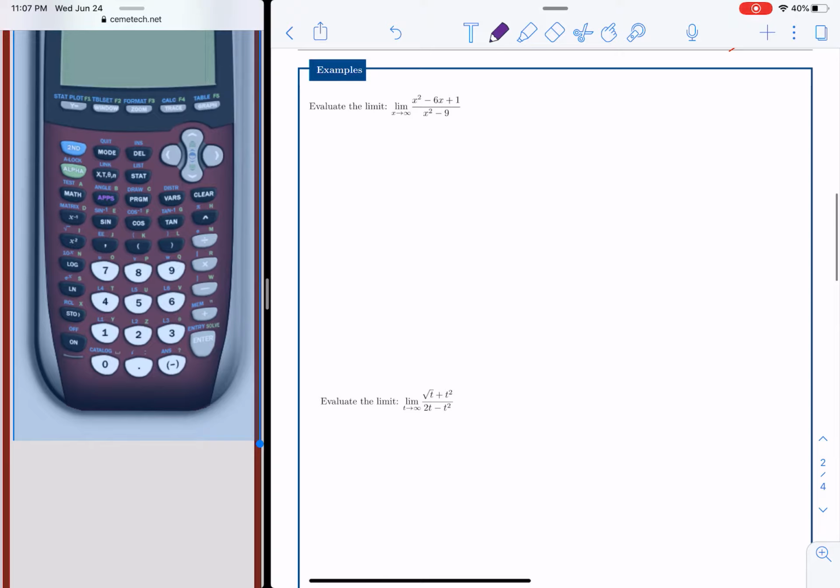We have seen that the limit at infinity and an infinite limit are not the same. I've mentioned this before. In this problem, what we are looking at is the limit at infinity. So what happens as x approaches infinity?